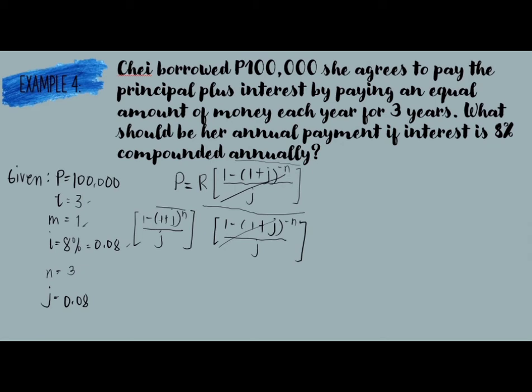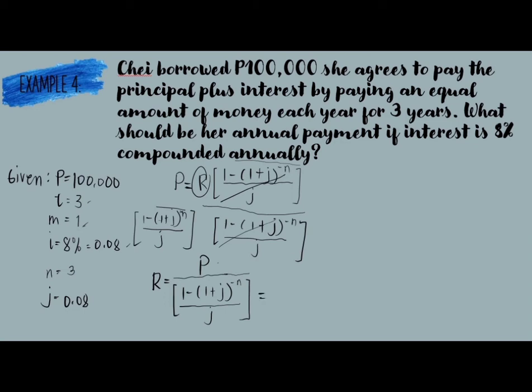So, ang magiging new formula natin for the R, or the regular payment, is R is equal to P over the quantity of 1 minus 1 plus J raised to negative n over j. So, ito yung gagamitin nating formula. Okay. So, now, substitute natin lahat ng given.